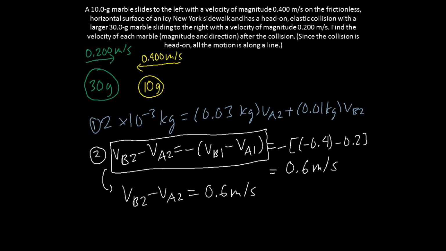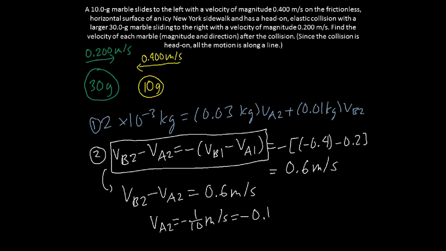There's a mode specifically designed for that, and the values that came out from the calculator are the following. The x value, which happens to be my VA2, is negative 1 over 10 meters per second, and that is negative 0.1 if we write this in 3 significant figures, because that is the least count of significant figures present in the problem.